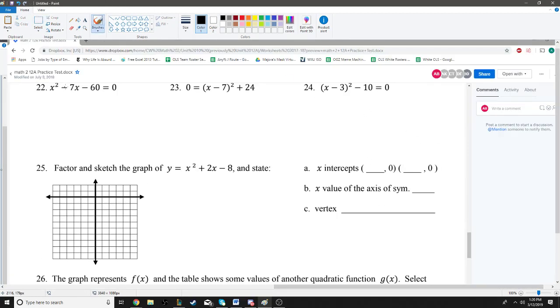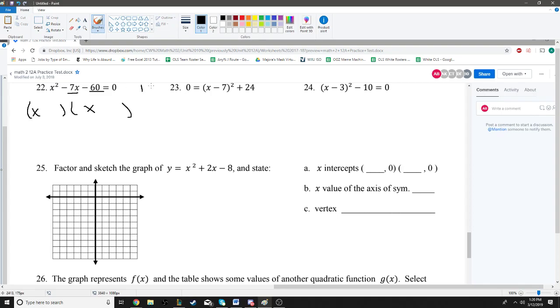Alright, 22. We need to factor this thing. So in the front, 2 numbers that multiply to be x squared, x and x. Now I need 2 numbers that multiply to 60 and have negative 7 somehow. Let's put the factors of 60 down.